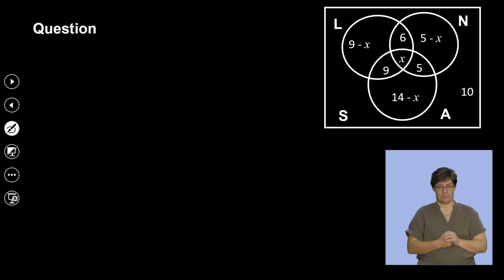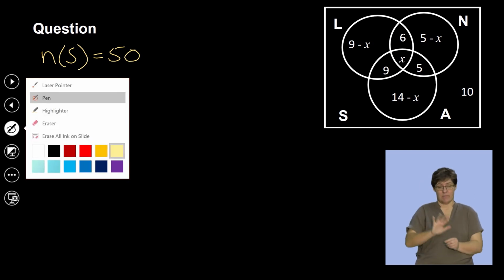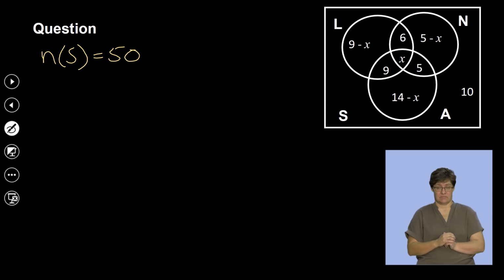The only thing that I need to make sure that I also have is that I recognize that the number in the sample space is 50, okay? And if the number in the sample space is 50, I can start to add some equations together. I'm going to add everything up and see that I can start to add things up to 50.